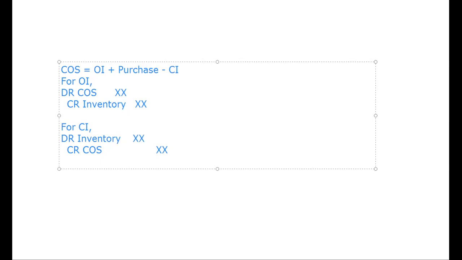Suppose there has been an error in inventory. You may have to adjust for both opening and closing inventories, and these two entries would be very crucial. So you have to take them really seriously.